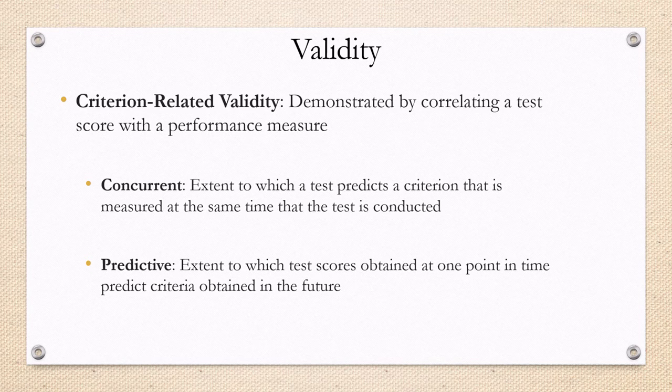We could also do a predictive study, which gives us the extent to which test scores obtained at one point in time predict criteria obtained in the future. And this would be more similar to the selection procedure, because when we're asking candidates to fill out tests or to do interviews, we are getting information on the predictors at time point 1. Once they are hired into the job position, then we later get performance information.